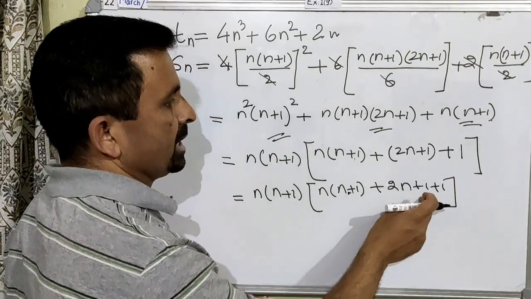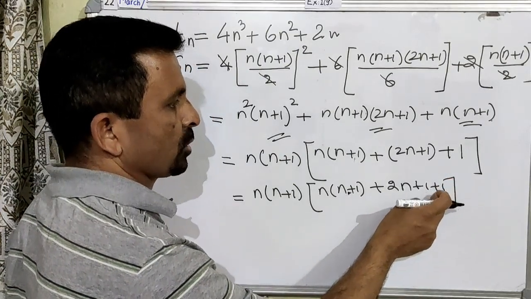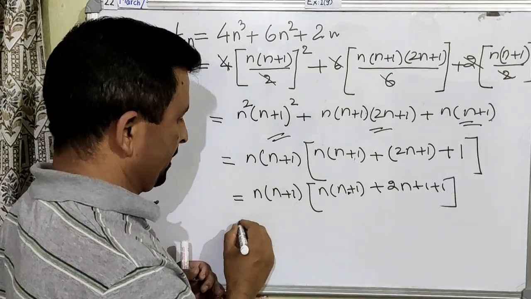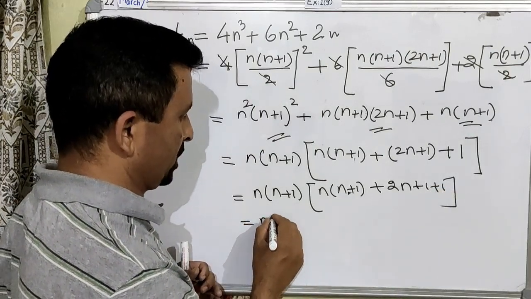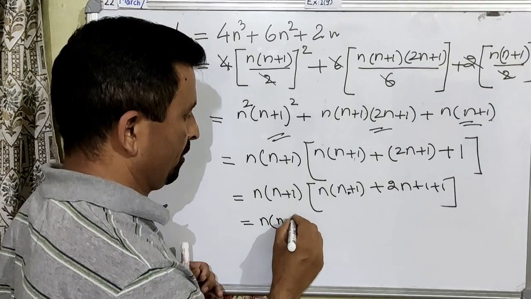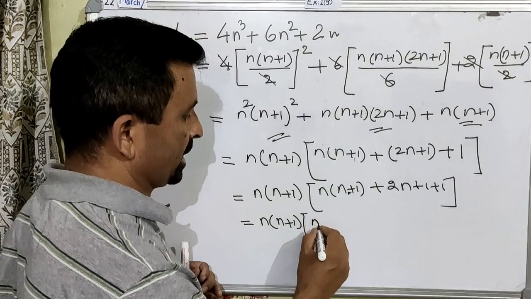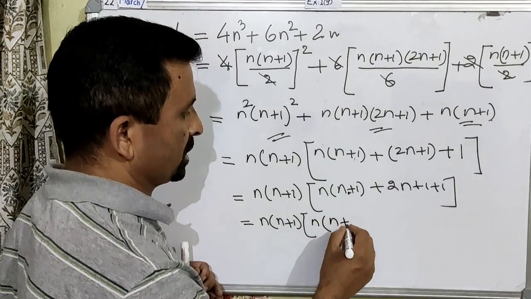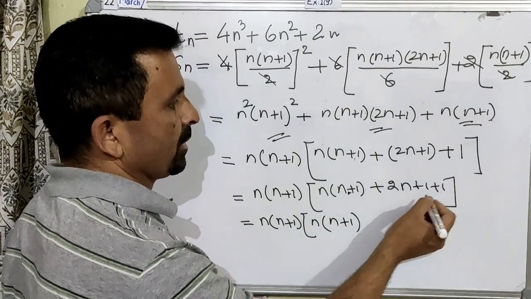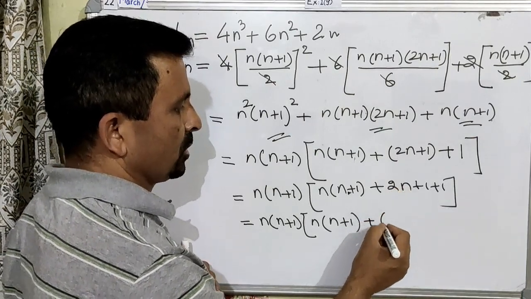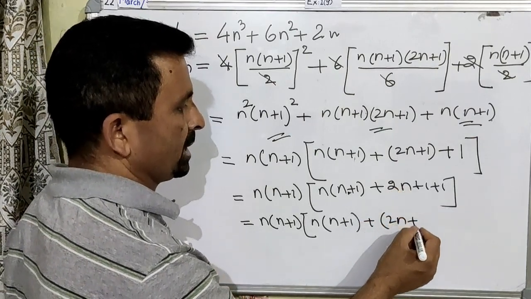You can see plus 1 and plus 1 are like terms, so we can add them. In the next step, it will be n into n plus 1, and now 1 plus 1 is 2, so this will become 2n plus 2 plus 2n plus 2.